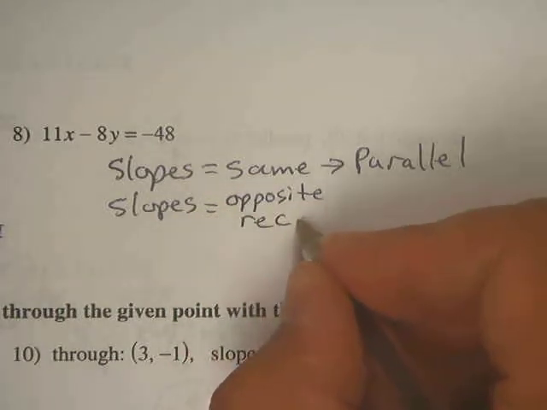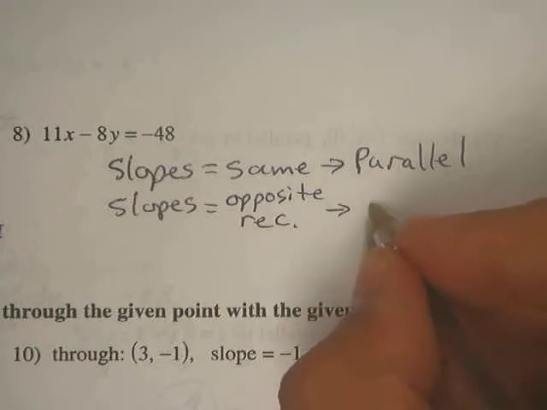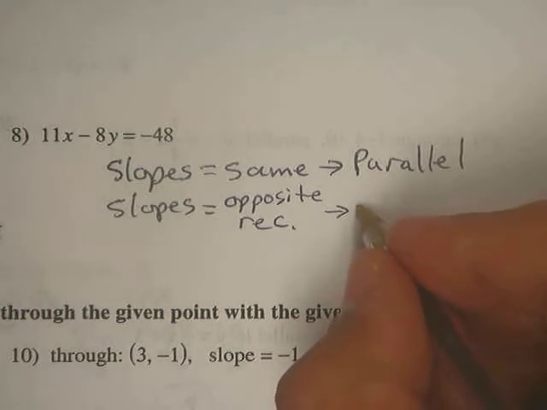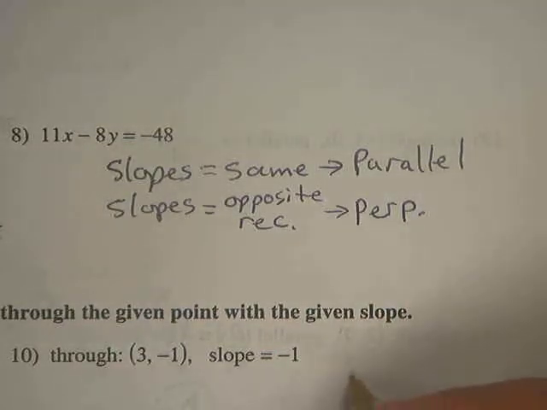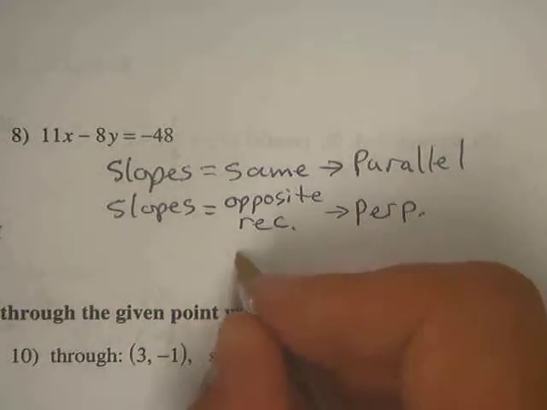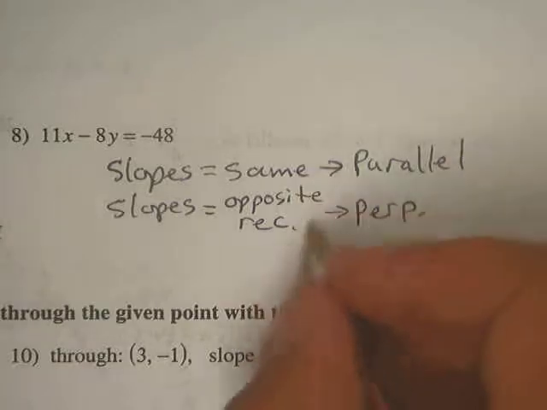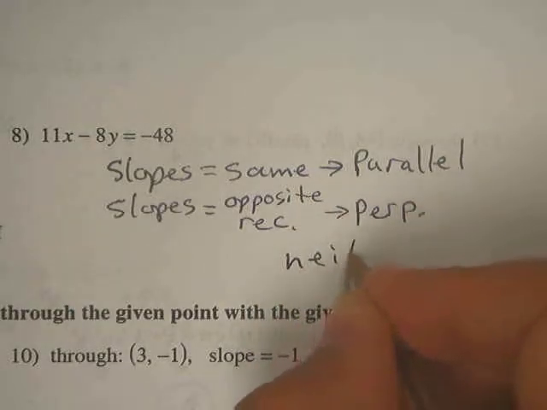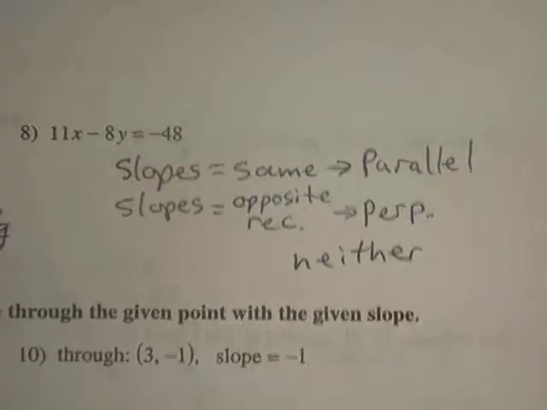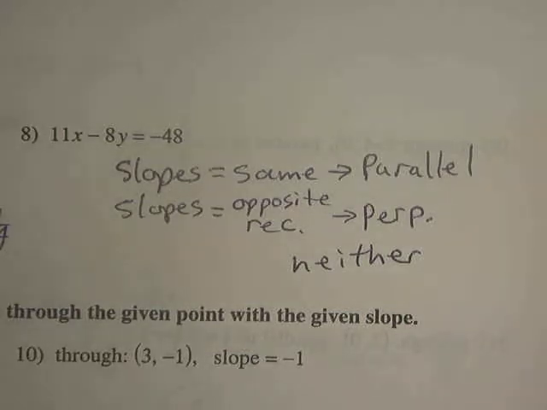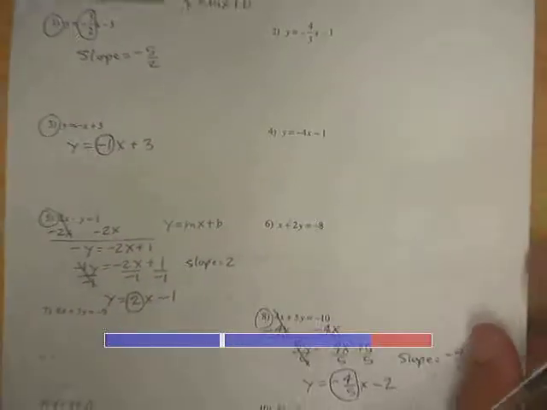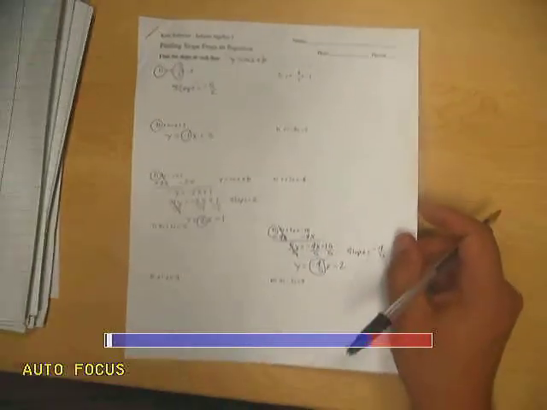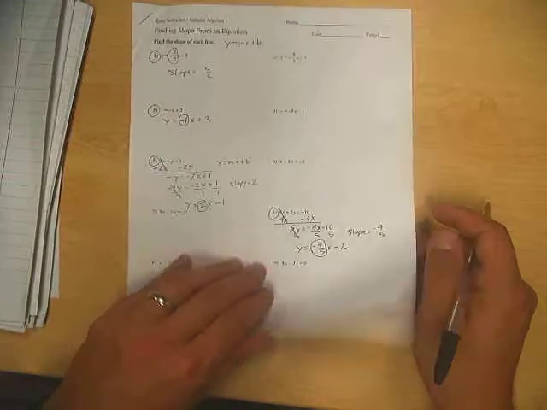If the slopes are opposite reciprocals, then they are, you guessed it, perpendicular. And if it's neither of these two, then it could be neither. Those are your options. Right?